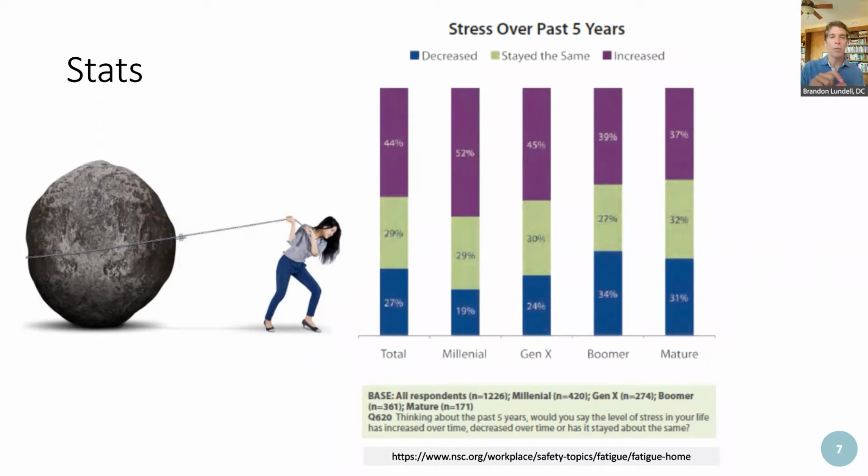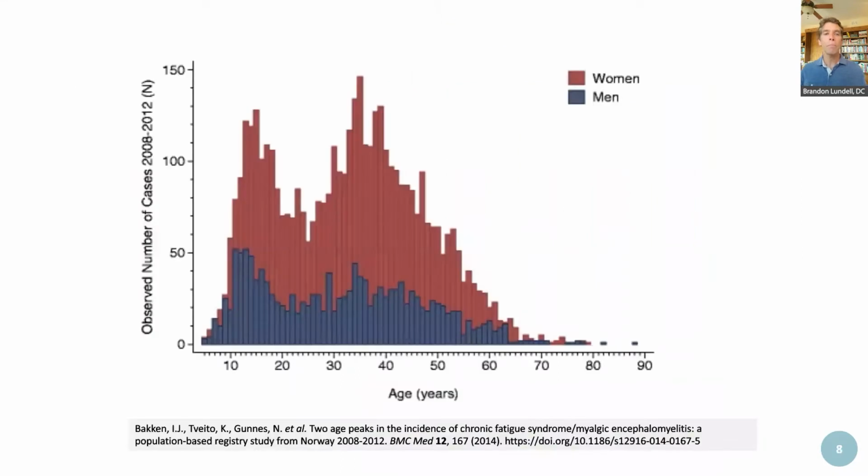Millennials are experiencing more fatigue than the baby boomers, so it's not just age related. It's often due to a transgenerational buildup of genetic and epigenetic factors that affect the mitochondria. Next slide.